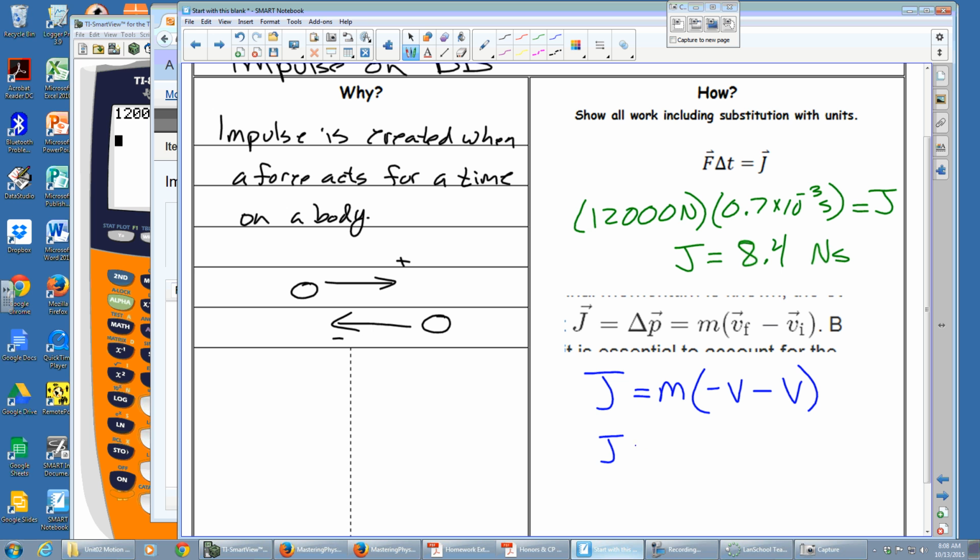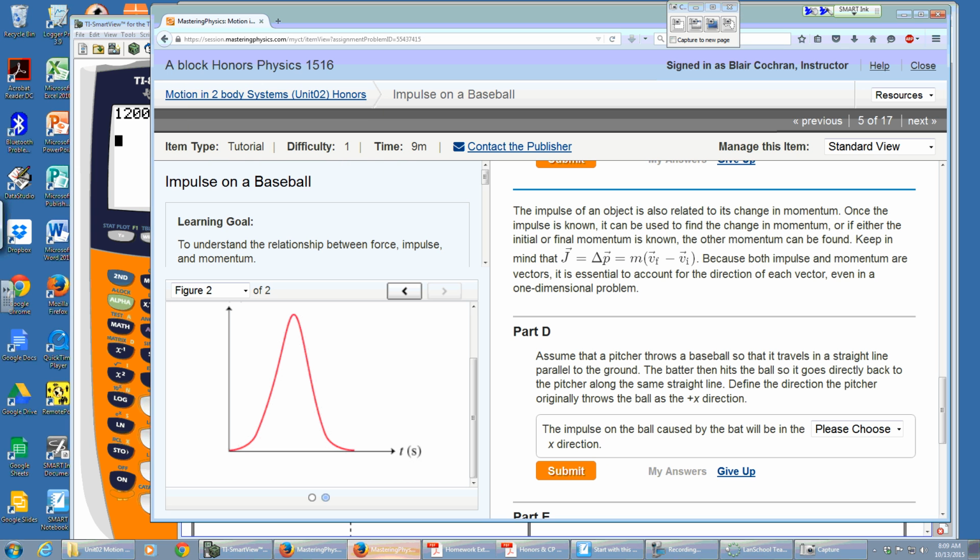So no matter what those values are, in this case it's going to be negative 2V. So no matter what, I'm going to end up with a negative answer. Can inertia be negative? No. And the only way to get a positive J would be a negative times a negative, right? So hopefully that answers D for you.